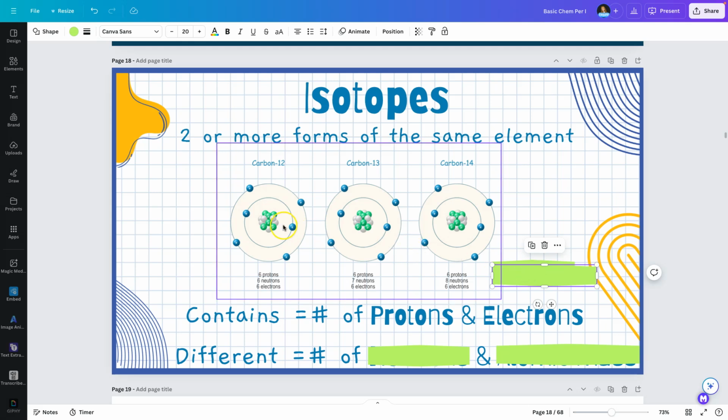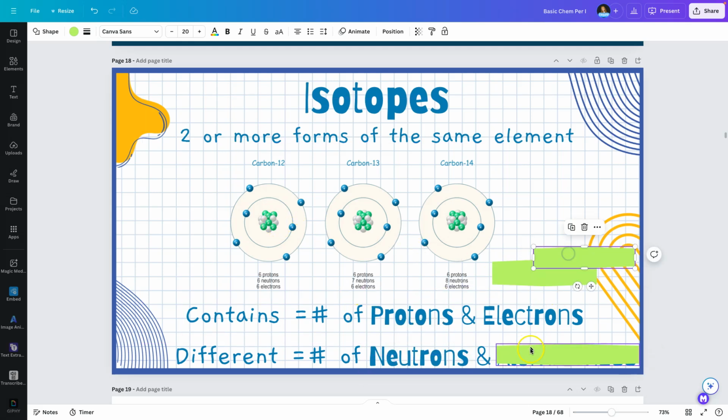Look, if they differ in their neutrons, they have to differ in the atomic mass, because the atomic mass is calculated by adding what? And the neutrons. If you add the protons and the neutrons, you get the atomic mass. So if the neutrons differ, the atomic mass differs. That's what an isotope is.